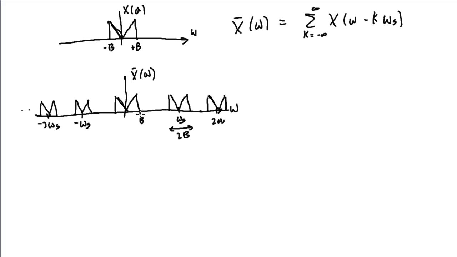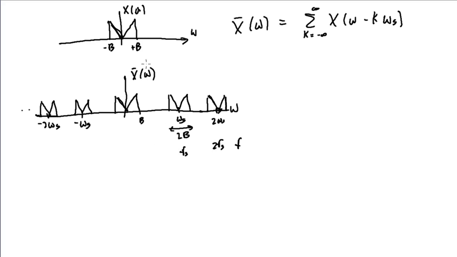Okay, and the Fourier transform consists of replicas of the spectrum of x of t, but now repeated in frequency every omega s radians per second, in corresponding frequency in hertz, we call these frequencies fs, 2fs, and so on and so forth.